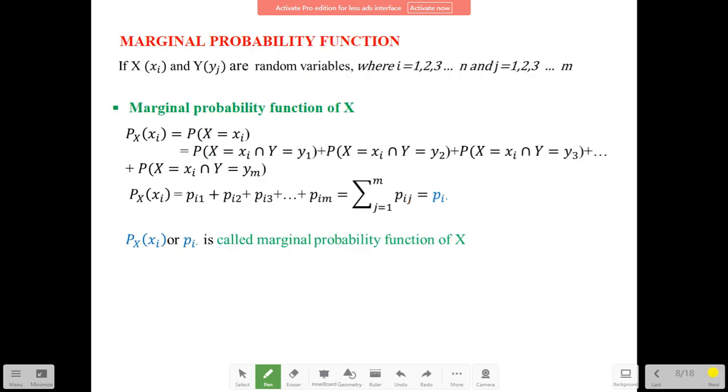Now the next part is the marginal probability function. Here, if we consider X = xi and Y = yj as random variables, where i varies from 1 to n and j varies from 1 to m, the marginal probability function of the random variable X is denoted and defined as pX(xi) = P(X = xi).